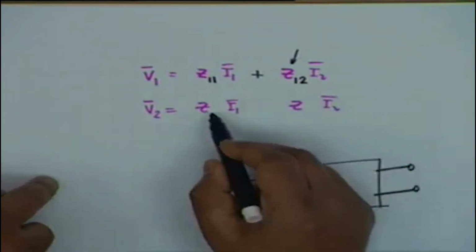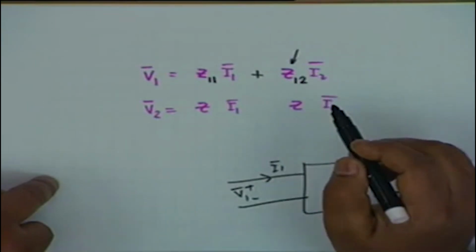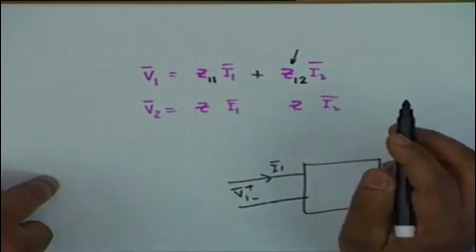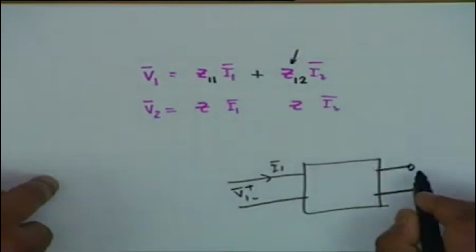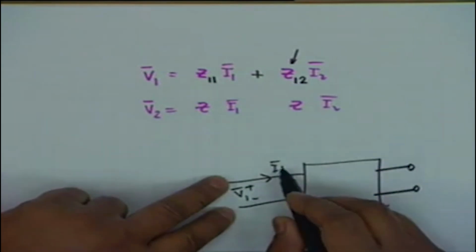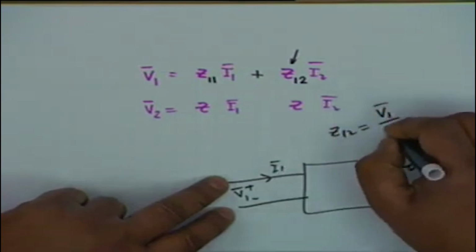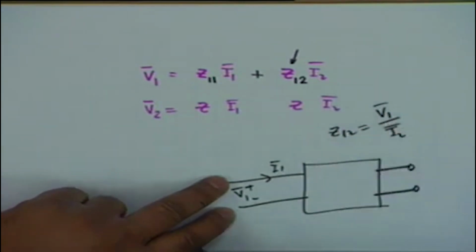All right. What should we call this? Now, before we go to the other one. But I2 is the independent one. Yes, sir. So it should be Z21. Okay. I2 is the independent variable. Yes, sir. And I am measuring V1. Under what condition? I1 equal to 0. So this is V1 divided by I2. All right.